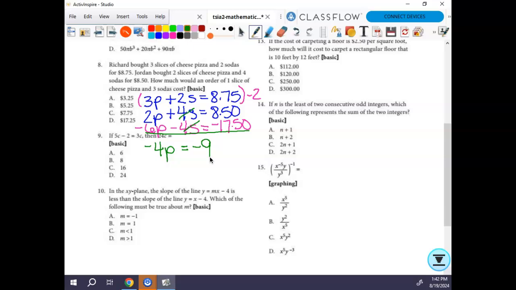Yes. And then you divide by -4. P is equal to 9 divided by 4, which is what? That's 2.25. So the pizza is equal to 2.25. Then we would have to go back and find the soda price, which we will do tomorrow.